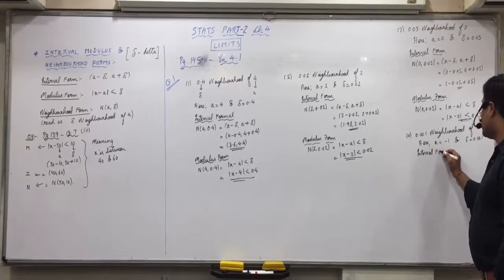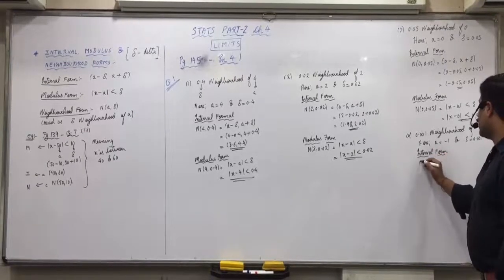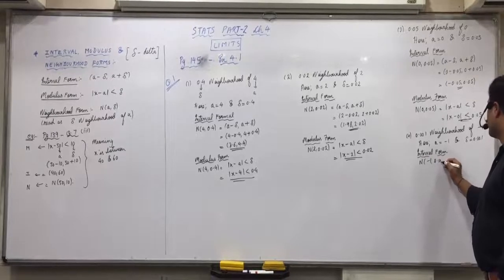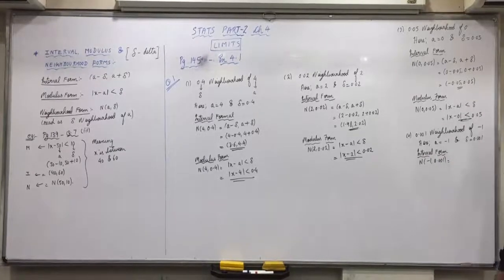First of all, interval form: N(minus 1, 0.001) is (a minus delta, a plus delta), which is minus 1 minus 0.001, minus 1 plus 0.001. Is it minus 1.001 and minus 0.999? Yes. It means the numbers between minus 1.001 and minus 0.999 are included.